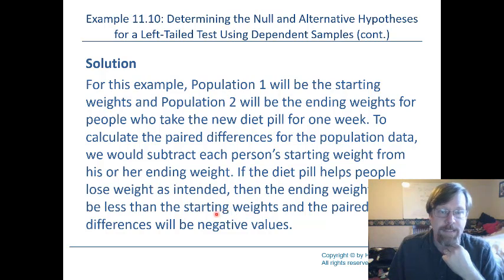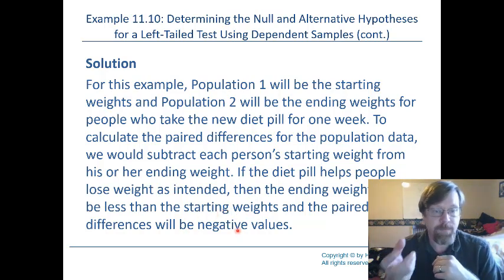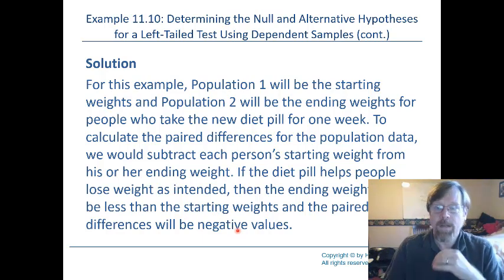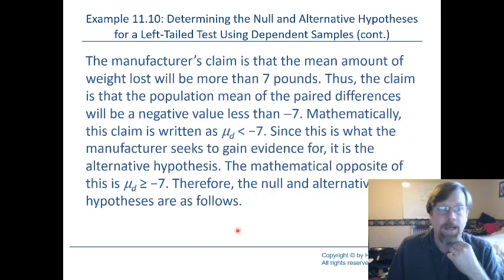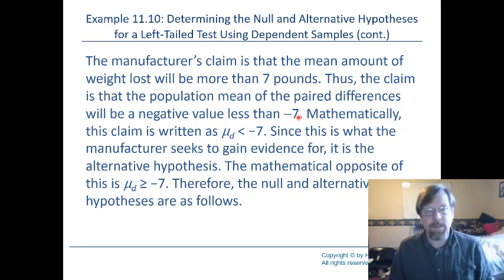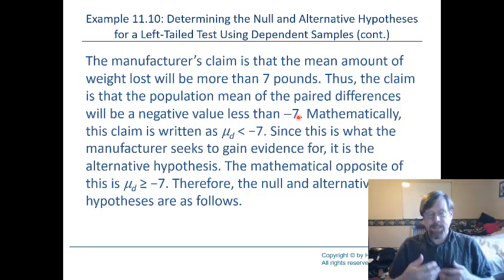If it's working as intended, we would expect to see negative values because their finishing weight should be lower than their starting weight, right? The claim is they'll lose more than 7 pounds, so that means that difference is going to be less than -7, right? More than 7 pounds means they're going to be losing -8, -9, something like that, so it's going to be technically a smaller number.